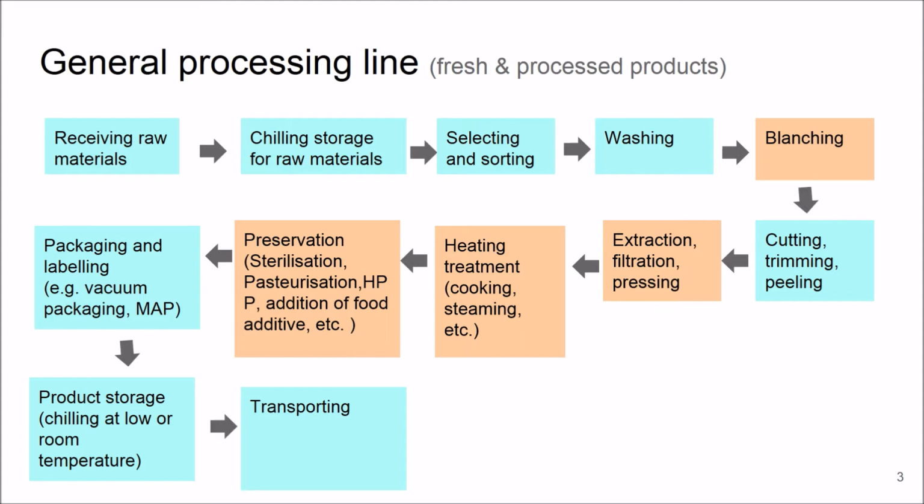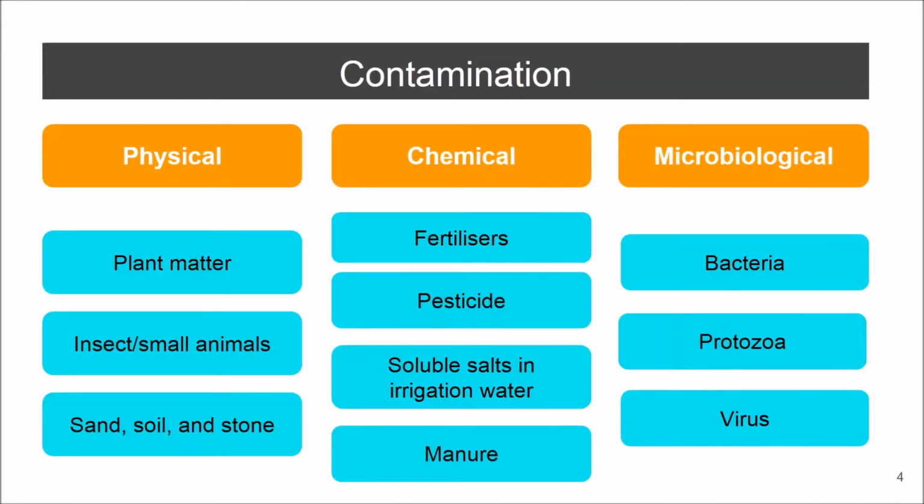Next is preservation such as sterilization, pasteurization, HPP, addition of food additives. Next is packaging and labeling such as vacuum packaging and modified atmosphere packaging. Next is product storage, and the last process is transporting.